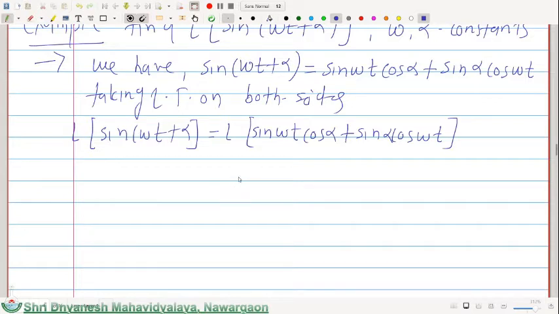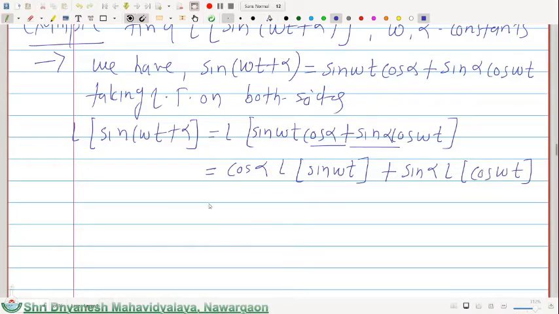Okay, as omega and alpha are constants, cos alpha will be constant and sine alpha will be constant. So we can use the linearity property of Laplace transform here, and from that property we can write cos alpha times Laplace transform of sine omega t plus, here sine alpha will be taken out, Laplace transform of cos omega t. And what is the Laplace transform of the sine function?